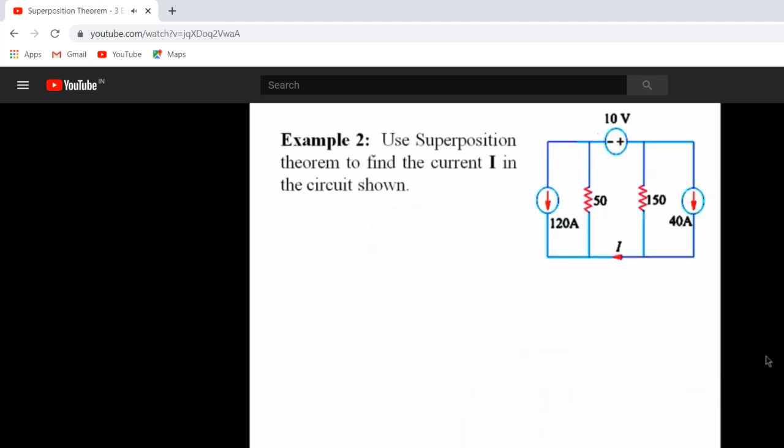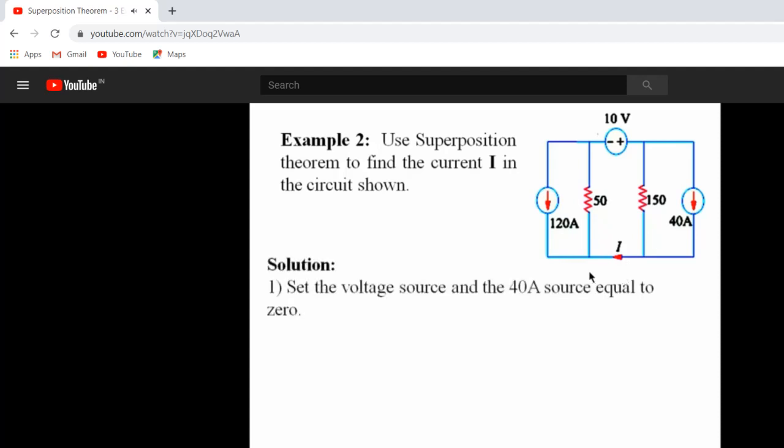Example 2. Use superposition theorem to find the current I in the circuit shown. Similarly, we are going to set the voltage source equal to 0 and the 40 ampere source equal to 0, and we'll just calculate for this source.